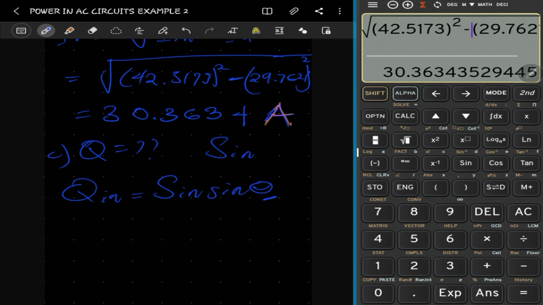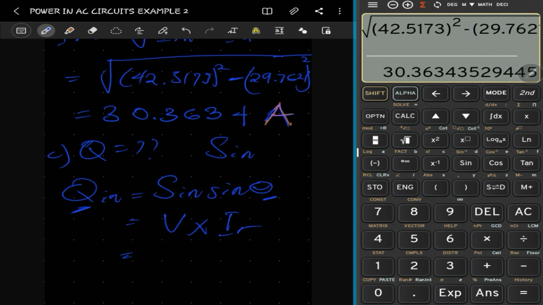You can find it if you want. But there are a lot of equations that you can still use because it's reactive here. You can use the voltage, and then you can use the reactive current to find it.